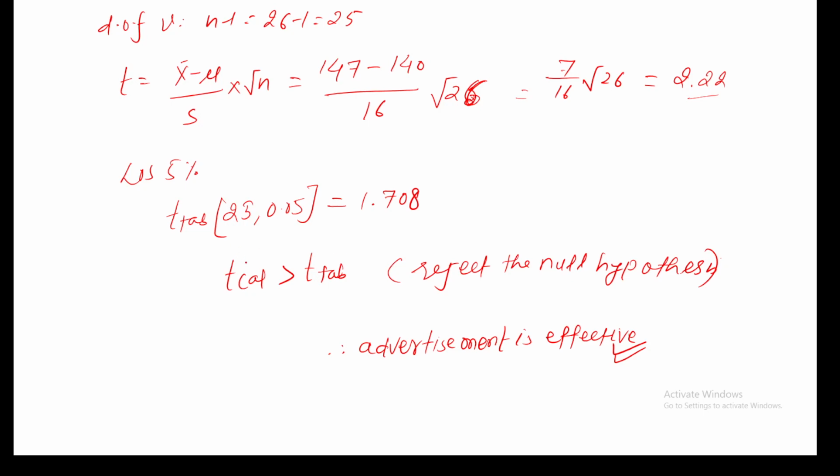For 5% level of significance, t tabulated is 1.708. Everyone knows how to read the table, no? Or shall I show the table? Shall I show you, or can all of you read the table on your own?